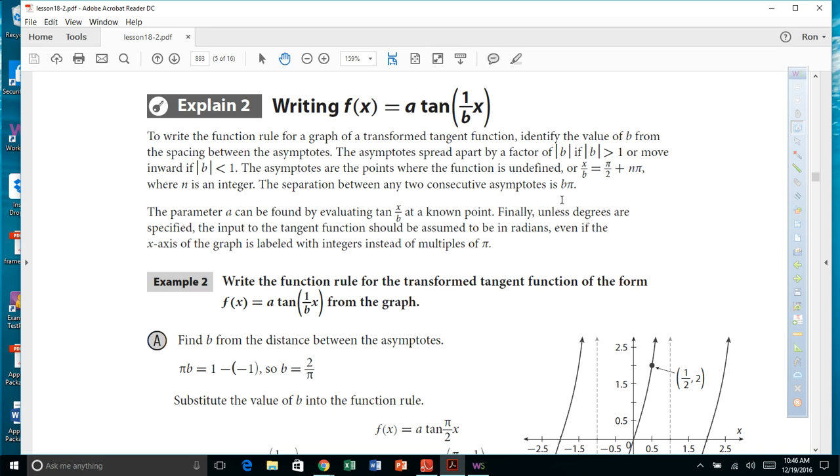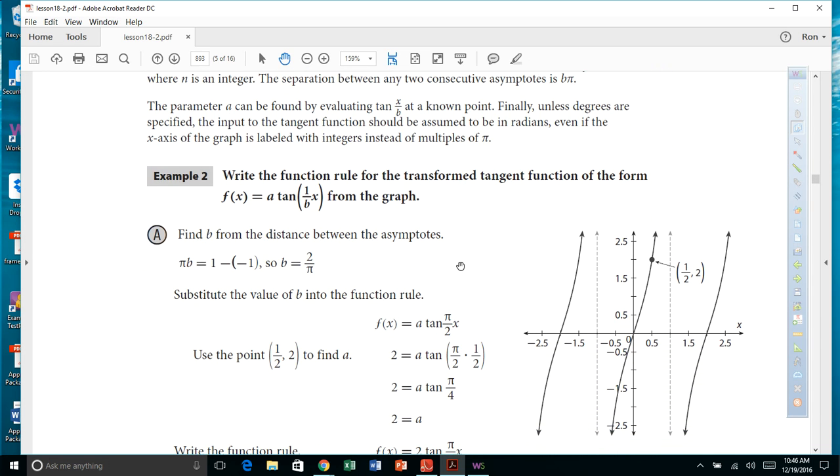The separation between any two consecutive asymptotes is b pi. The parameter a can be found by evaluating the tangent at a known point. Finally, unless degrees are specified, the input to the tangent function should be assumed to be in radians, even if the x-axis of the graph is labeled with integers instead of multiples of pi.